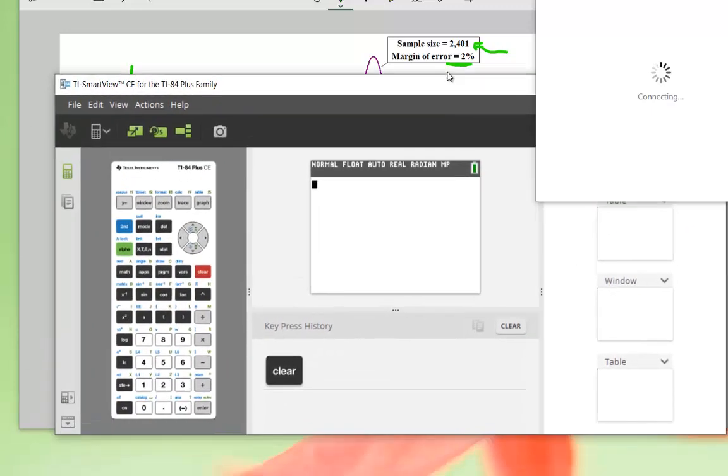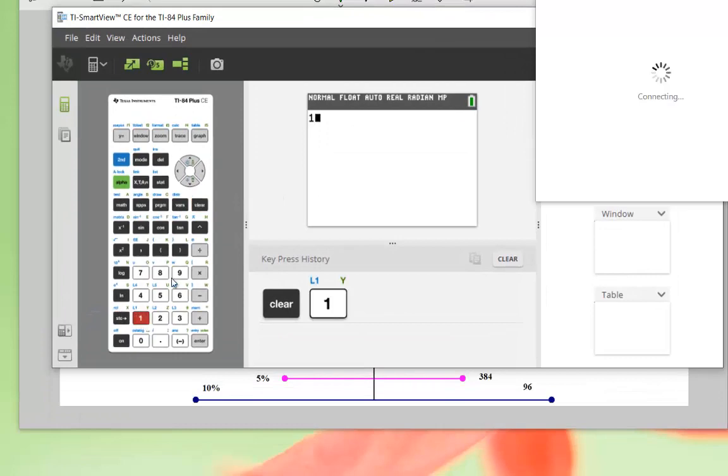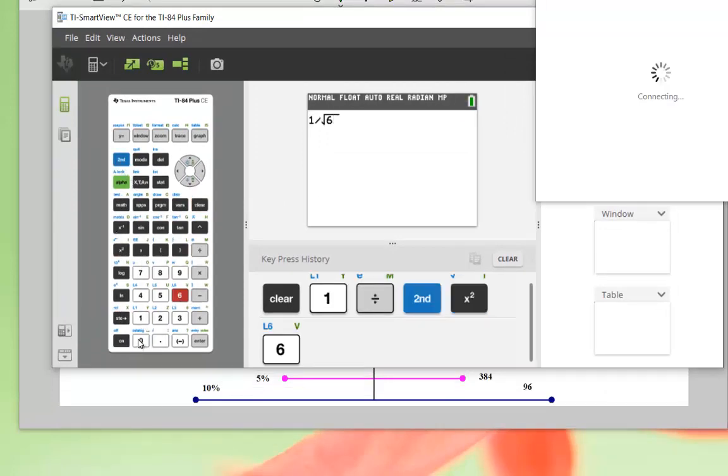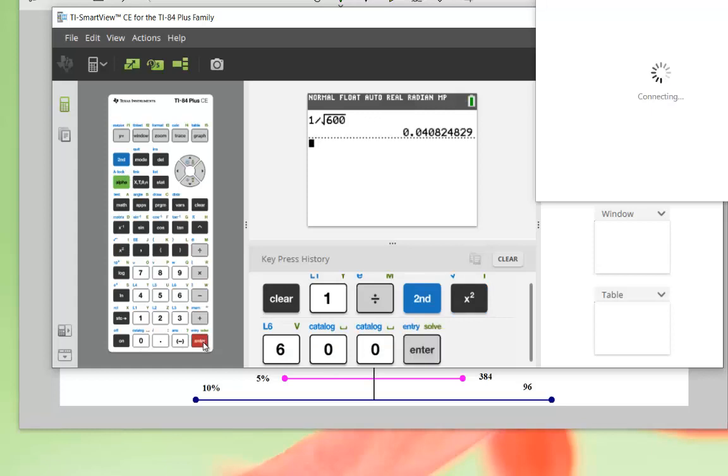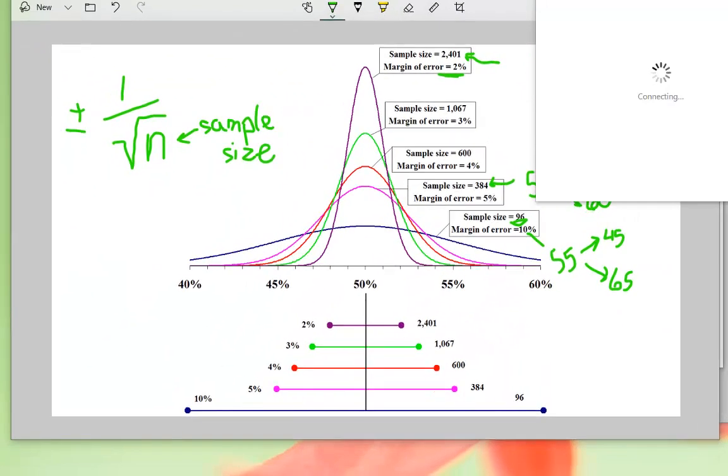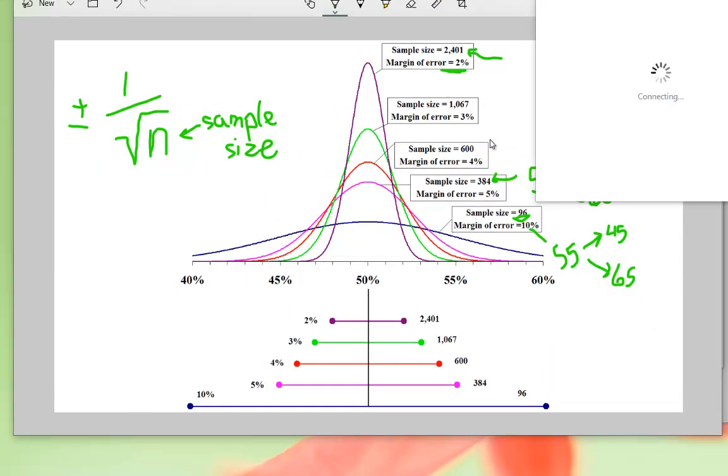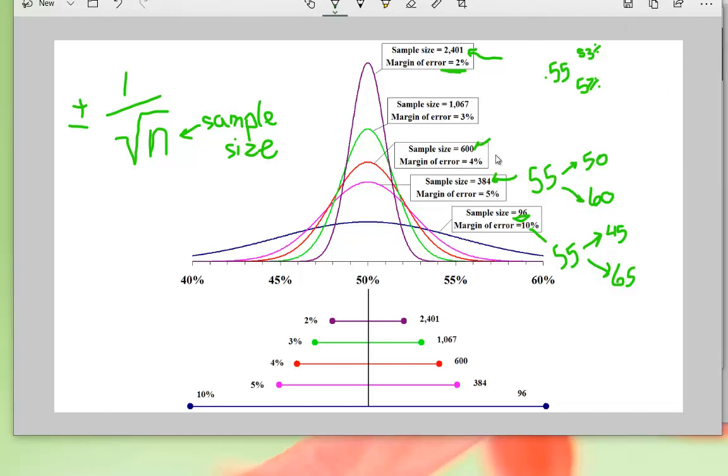All right. And so doing 1 divided by the square root of our sample size, 600 people, that 0.04 is telling me I need about a 4% wiggle room. Okay? And that's actually what I see right here. Their sample size of 600 is actually a 4% margin of error.